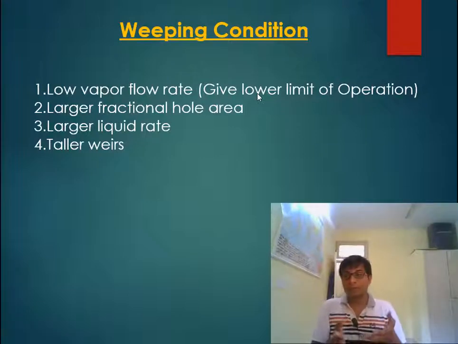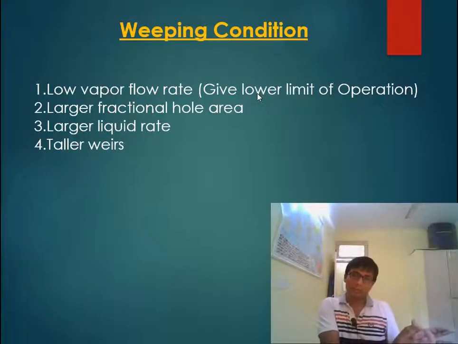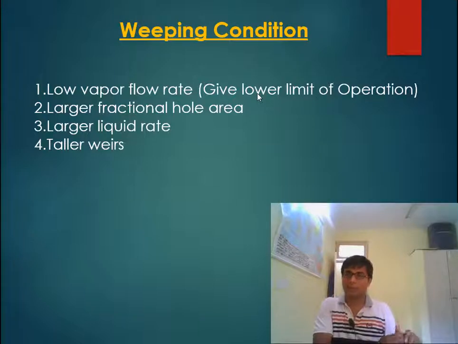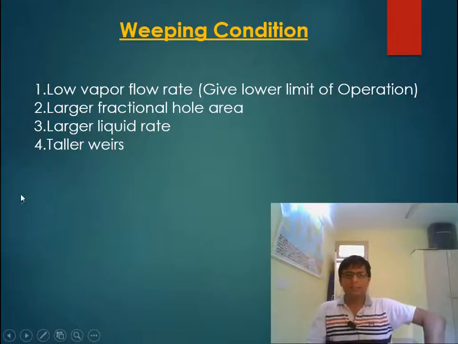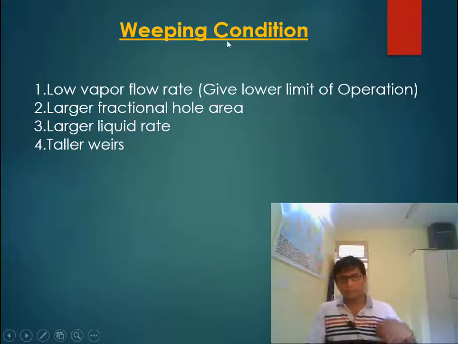If I want to calculate the lowest possible volumetric flow rate of vapor at which we can operate a column, that lowest possible limit will be decided by the weeping condition. If we reduce the volumetric flow rate further, then weeping will start to take place. Similarly, weeping may also take place when liquid flow rate is high. In that case, what will happen?